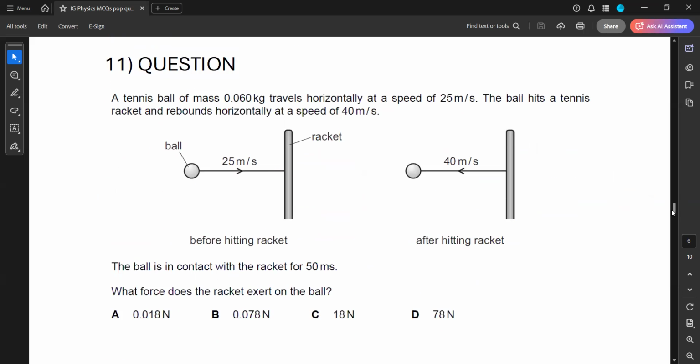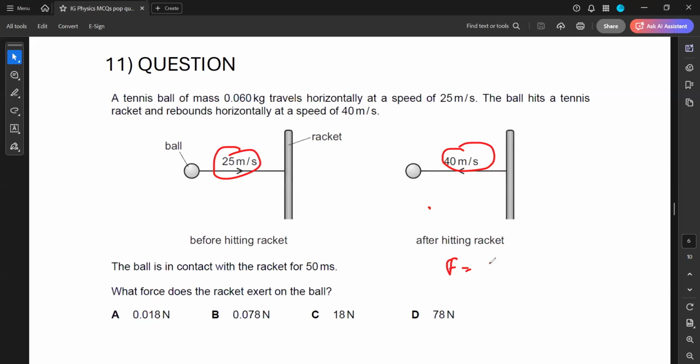Question 11. Any doubt in question 11? It's the same thing. As you can see, an object is there. It's 25, then it bounces back at 50. If I need the force, how to get the force?